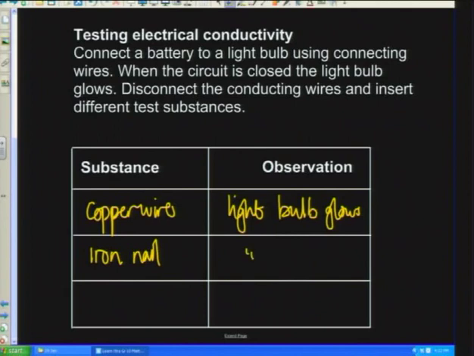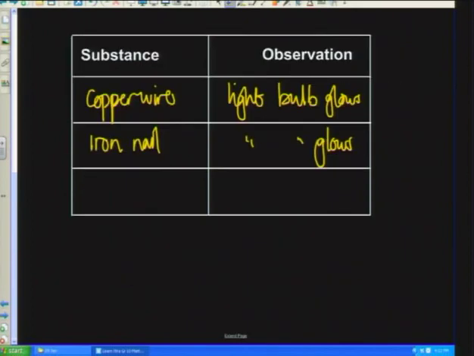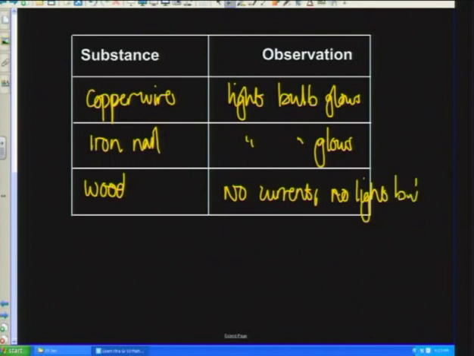Again, the light bulb glows. So yes, it's a good electrical conductor. And if I go a little bit further down, what were some of the other things that we said? We did wood. No current, or better yet, our observation was no light bulb glowing.